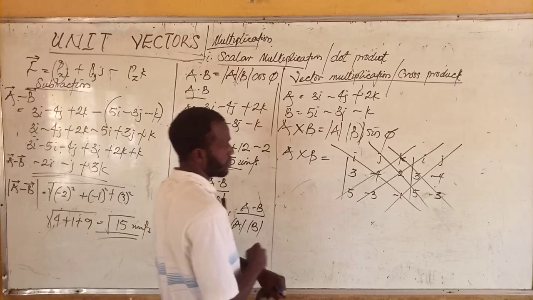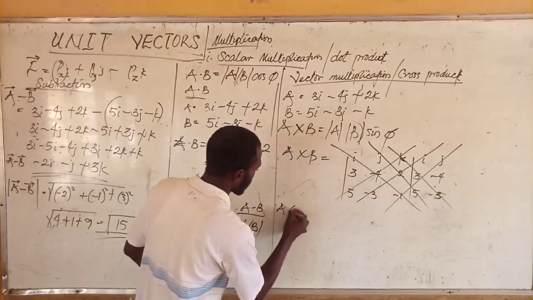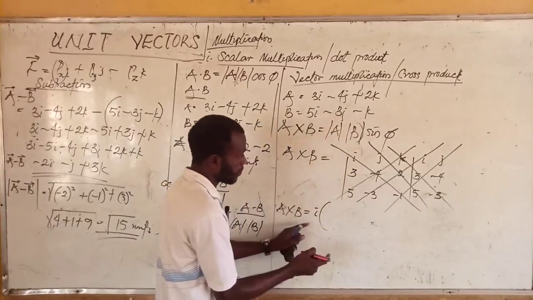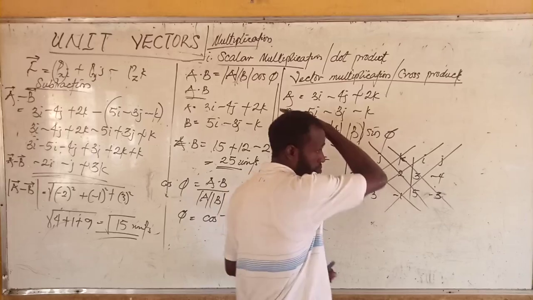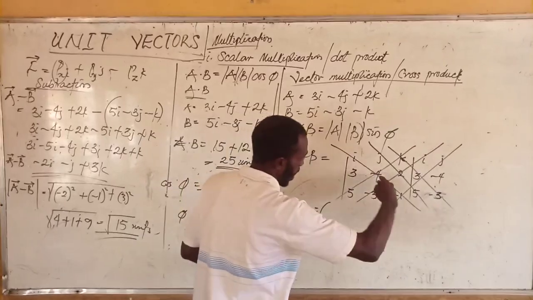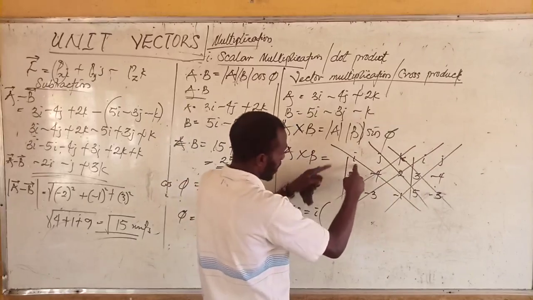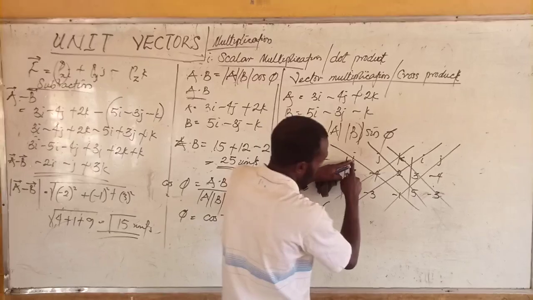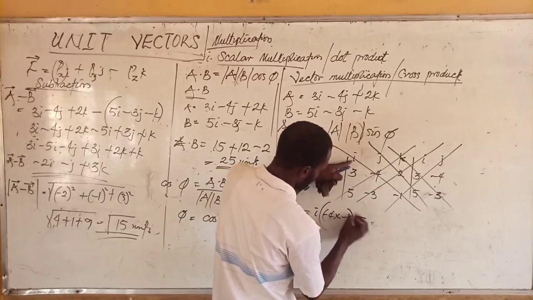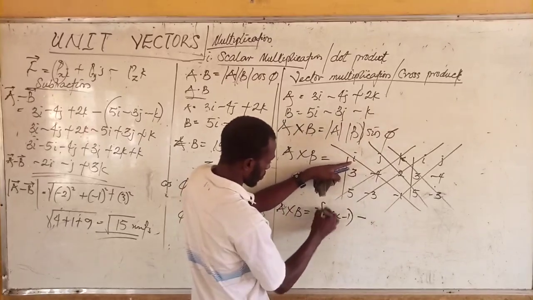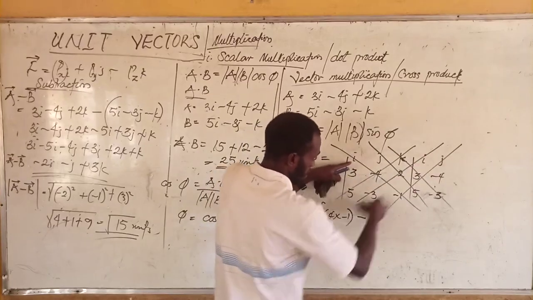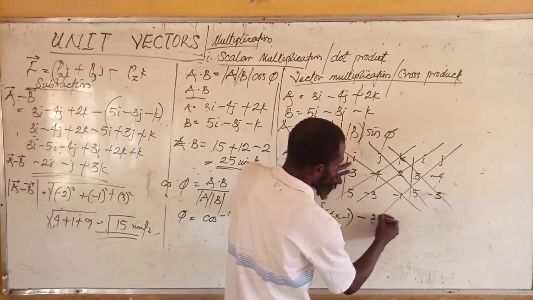So after drawing 3 lines, you now take the determinants. And this is where you take the determinant for I. So you say A cross B will become, for I, this is what I did for I. -4, you know, is the main diagonal minus the other diagonal. So for I, recall you are doing with I. So you go to the I and say -4 times -1 minus, then under I again, the other diagonal is 2 by -3.